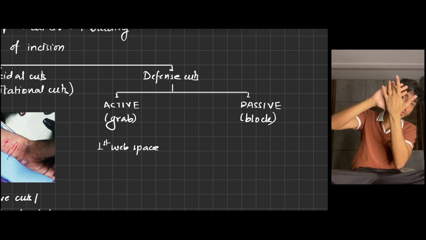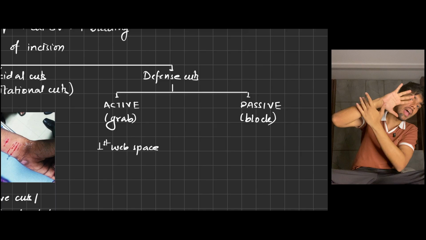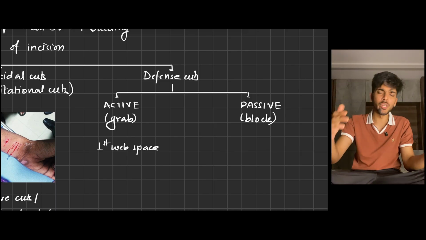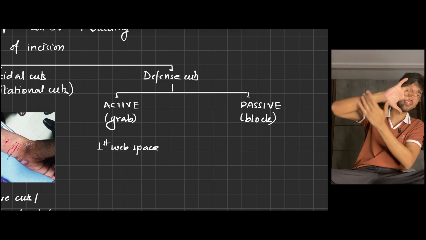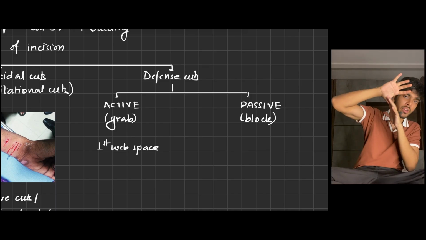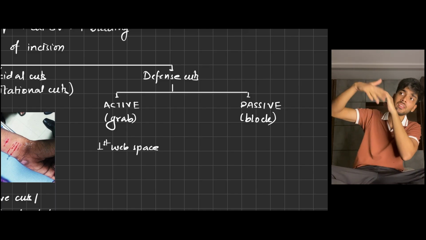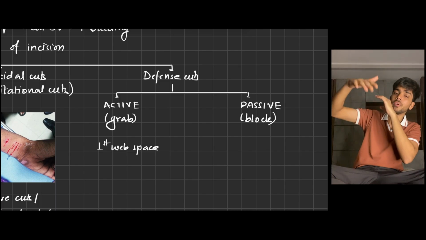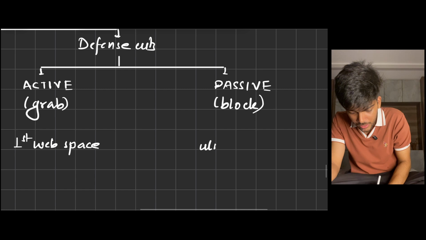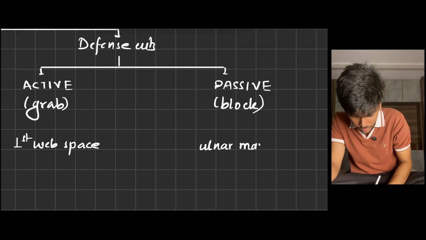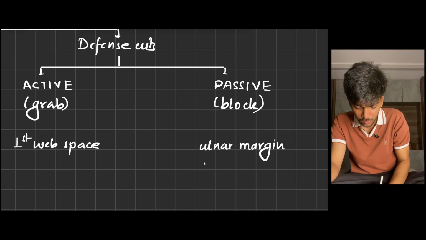The cuts are going to be over the fingers, over the palm, or over the ulnar border of the hand. Obviously, you are not going to protect yourself with the radial border. It's going to be with the ulnar border, right? When you're protecting yourself, the ulnar border is facing the perpetrator, the attacker. So the ulnar margin, palm and fingers.